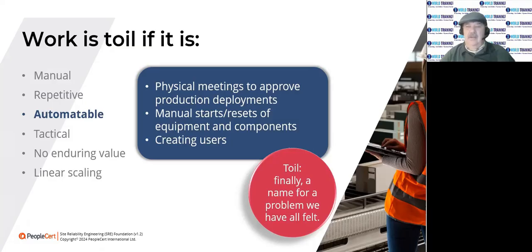You could deal with that in an automated fashion, so that might be considered toil. Or maybe you have to push a button or manually reset equipment from time to time to refresh it or restart the cache or something like that. That could be considered toil if you can automate that. If you've got a large number of users and you have to onboard a lot of people, creating user accounts and privileges and access to different applications may be considered toil.